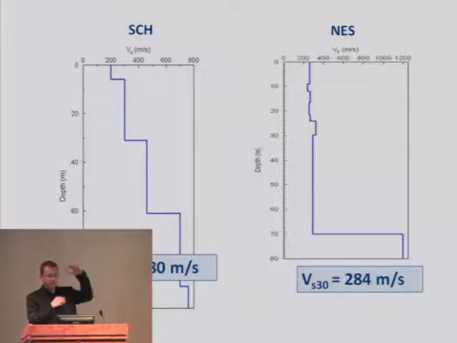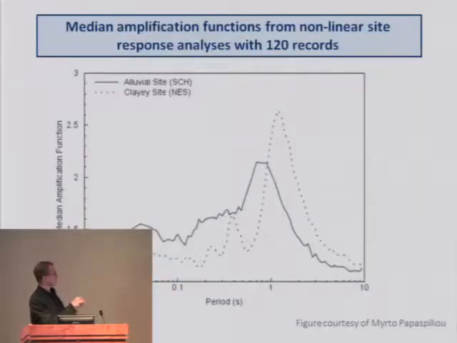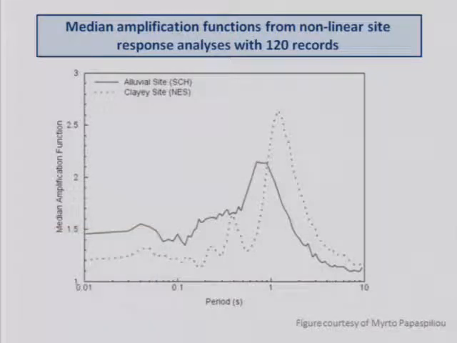But because the layering and the velocities of the relative layers are very different, when we calculate using nonlinear analysis, a large suite of records, the actual transfer function of the sites, they're, as we'd expect, significantly different. And using these simple parameters in our models doesn't capture that kind of variability within the observations from that site class.